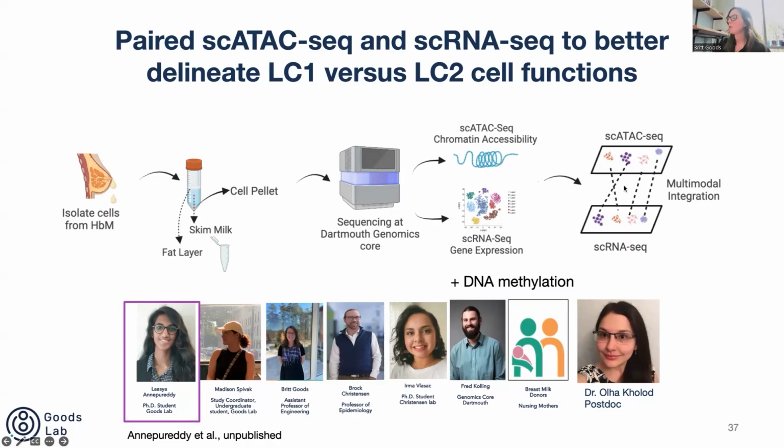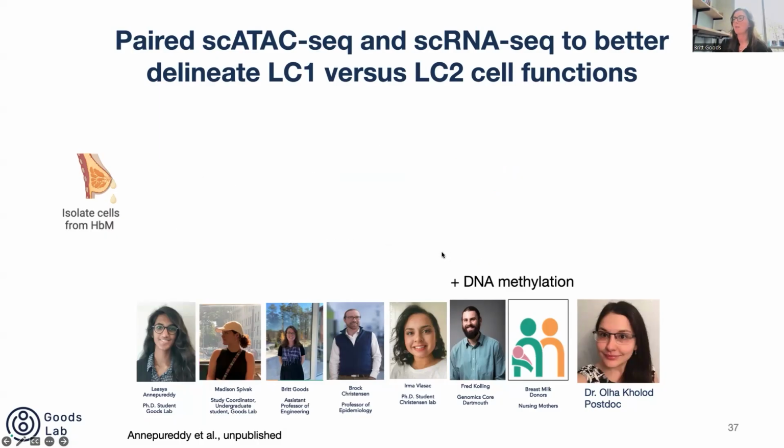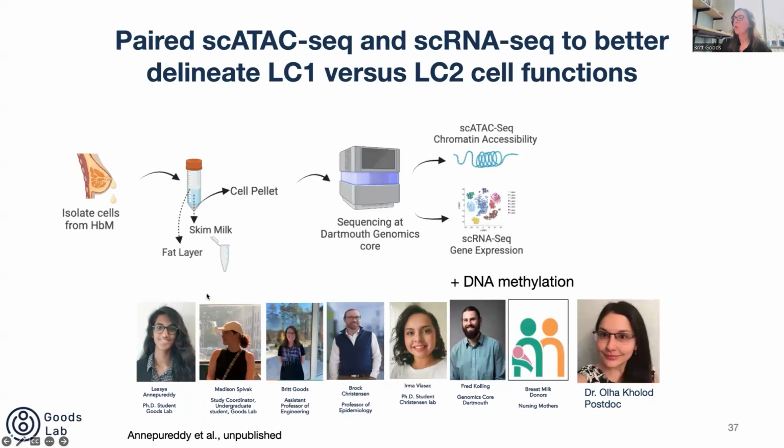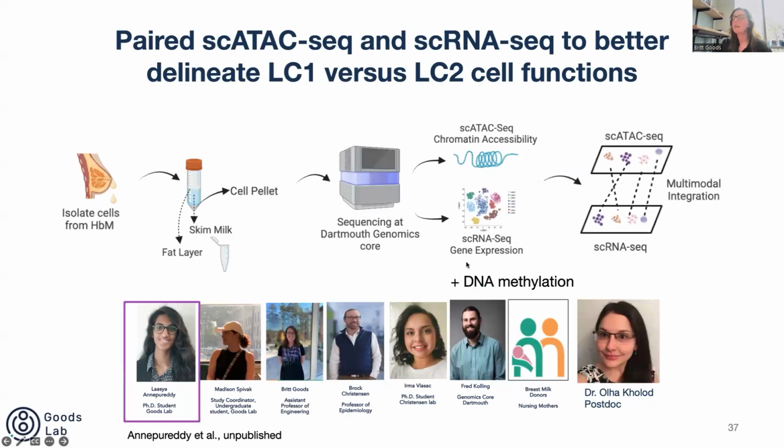And then what I'm going to show you is some of the preliminary results from Lacia on analyzing these two data sets together. I also want to note that, if you remember back to this slide, DNA methylation, we also have some DNA methylation data that is being analyzed by a PhD student in Brock's lab, but I'm not going to talk about that today. But we do have that information that we're working with as part of the study as well.